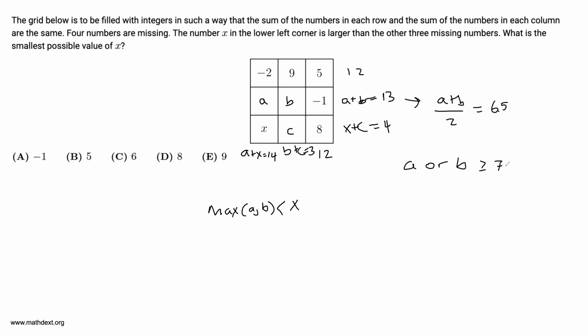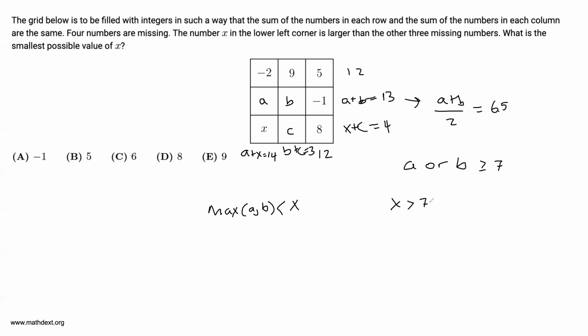And remember, we want to make X small, which means we want to make the bigger value of A and B small. So it would make sense if one of A and B was 7 and the other was 6, so that they would add up to 13, and their maximum would be as small as possible. And in that case, if the greater of A and B is 7, then X has to be greater than 7, right?